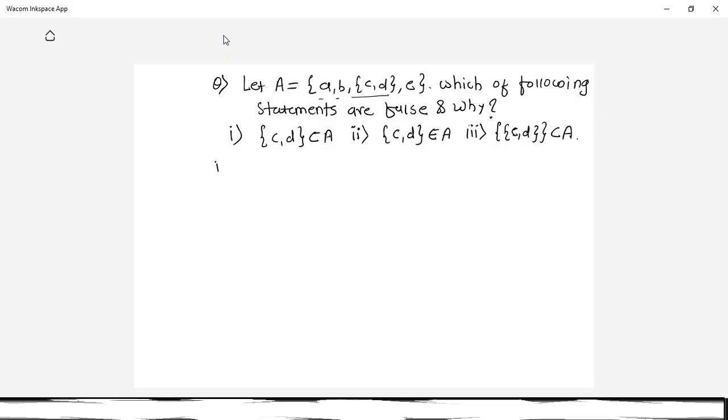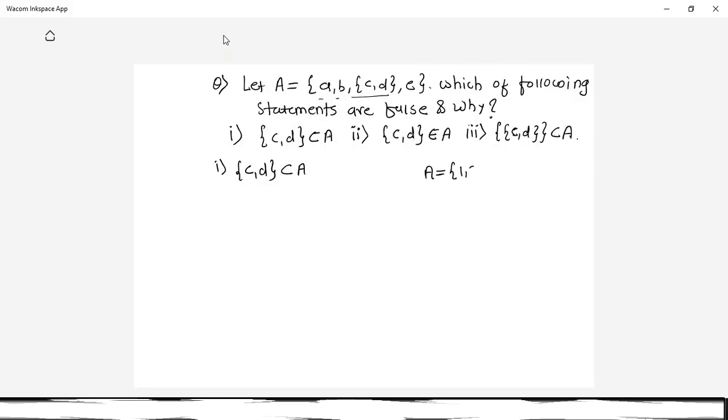Take the first one: a set with elements C, D is a subset or a proper subset of A. Whether it is true or false, before that, just recall the concept.